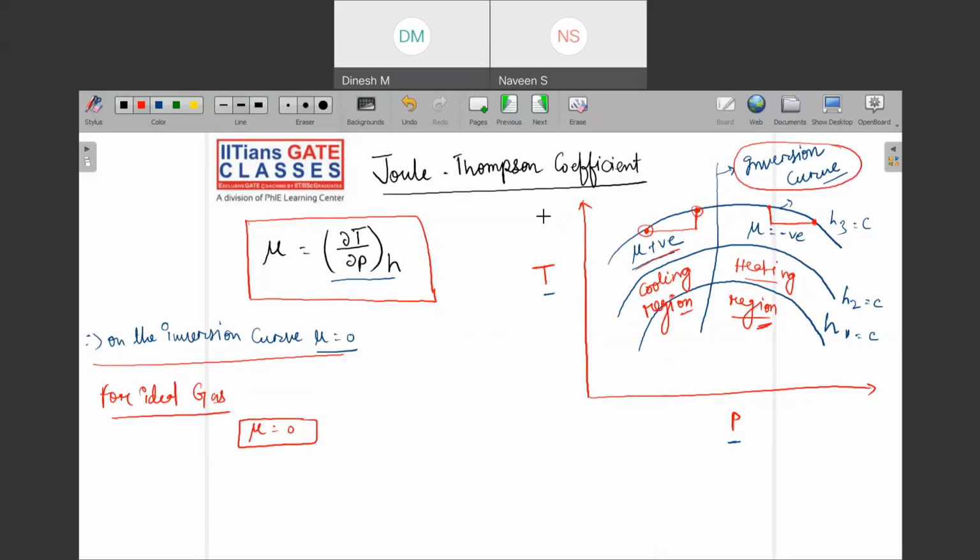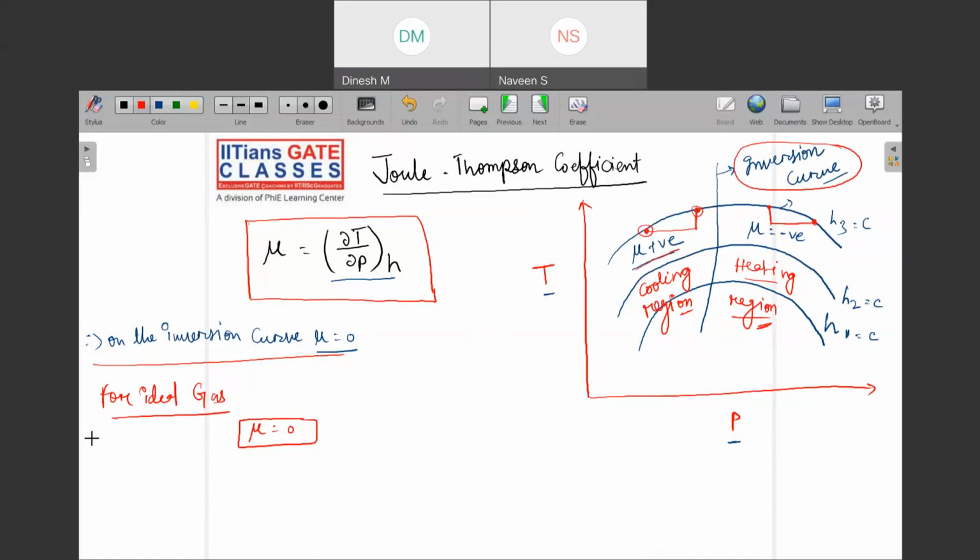Then the question is, do you achieve any heating or cooling? No. Why? Because if you throttle this one, then instead of being cooled, the temperature will get increased. Then instead of getting cooling, you will get the heating.